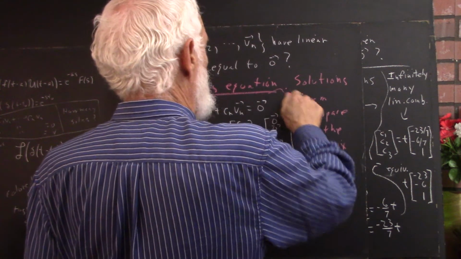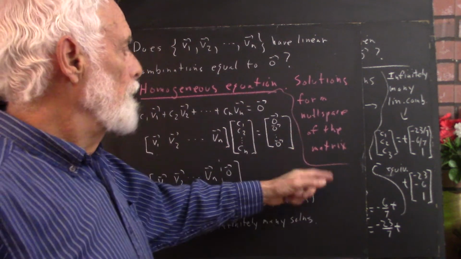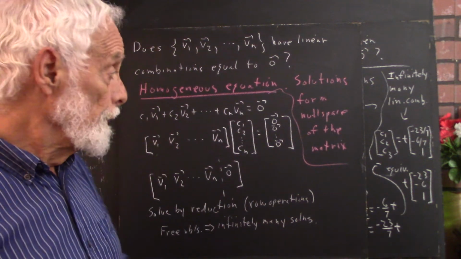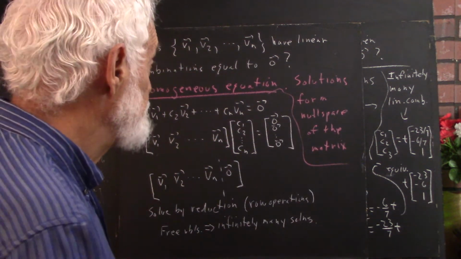And of course, if the matrix represents a linear transformation, if you've by this point seen linear transformations, then that's the null space of the linear transformation.